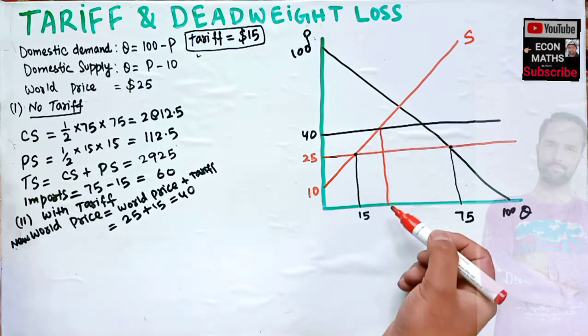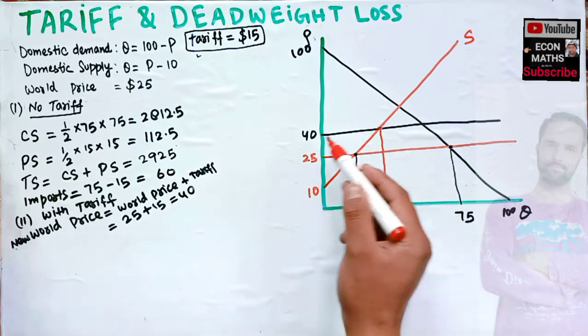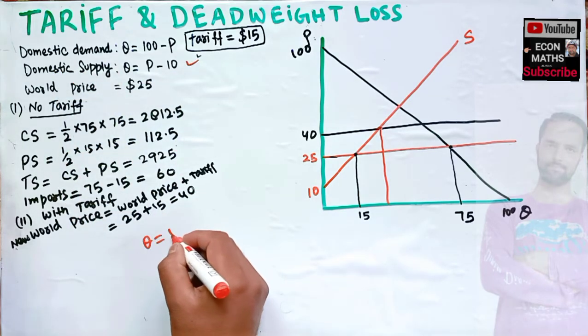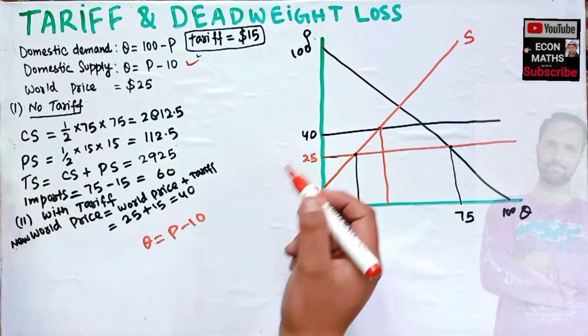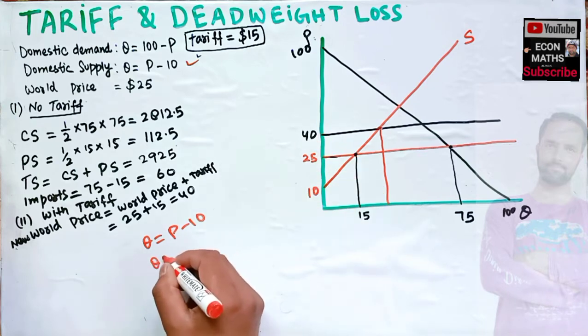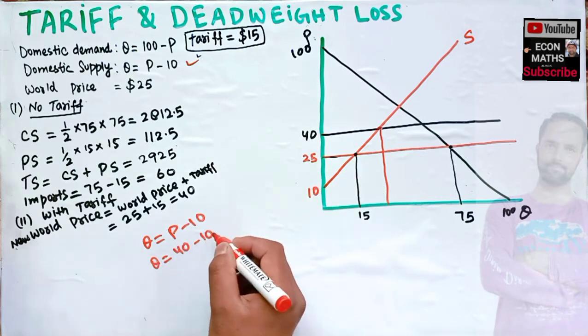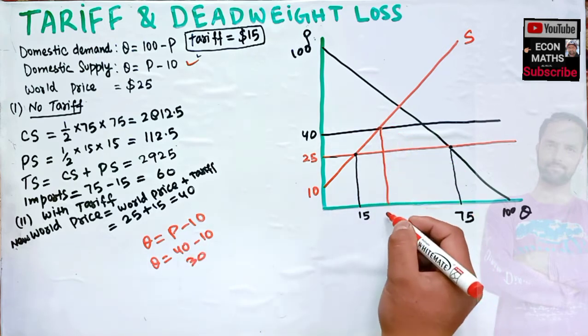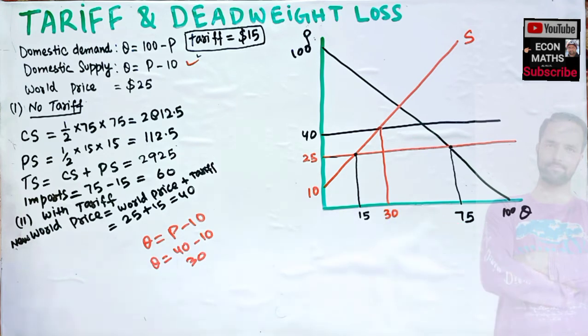That means how much is being supplied at the price of 40. Simply, this is our supply function, q is equal to p minus 10. Price is 40, so q is equal to 40 minus 10. This gives us 30. So corresponding to this price, domestically 30 units are being supplied.